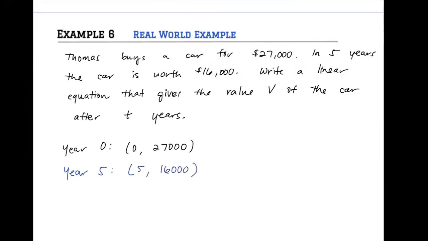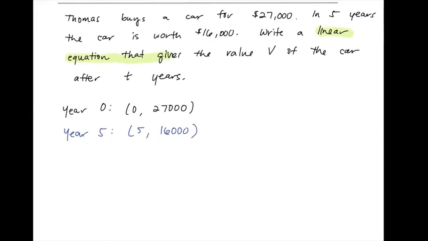So we want to write a linear equation. So if you think about it, we want to find the slope between these 2 points, and then we can use point slope form to find the equation. So to find the slope, remember y2 minus y1 over x2 minus x1.